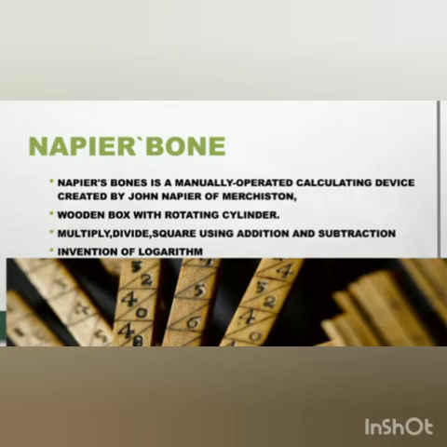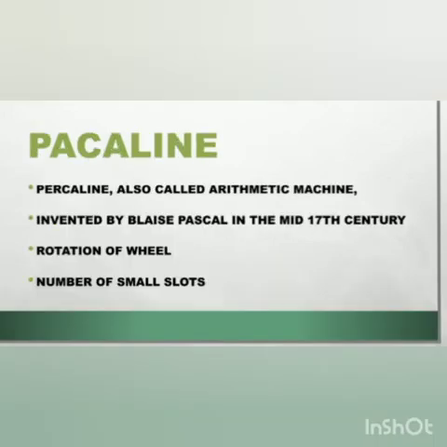The slides you see are rods on which numbers are printed. It could add, divide, multiply and subtract. Along with this, it could take care of a number. Here logarithm was invented.